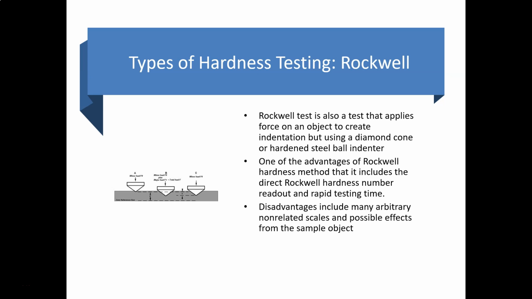So you can read from the tool that you are using the indentation that happens to the metal. The disadvantages include many arbitrary non-related scales and possible effects from the sample object.